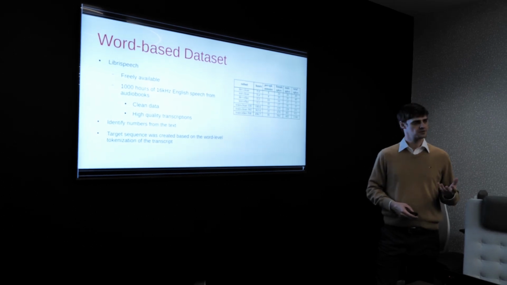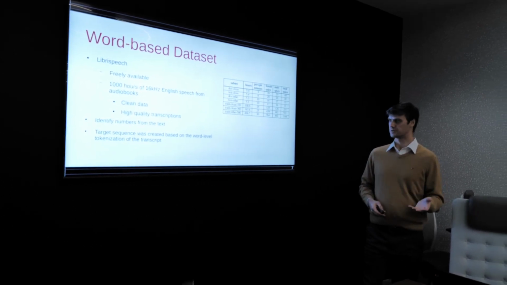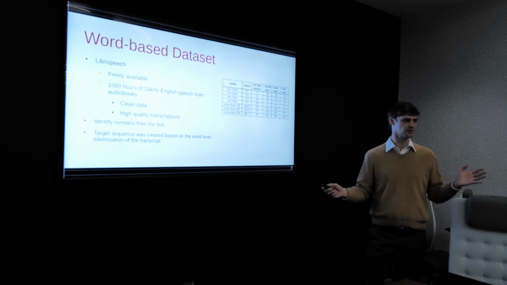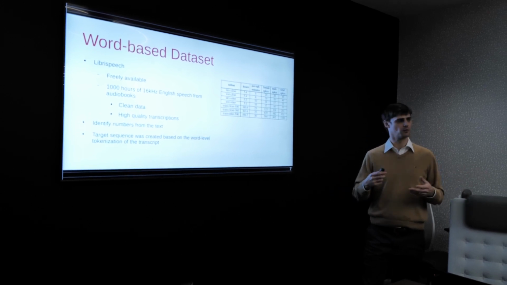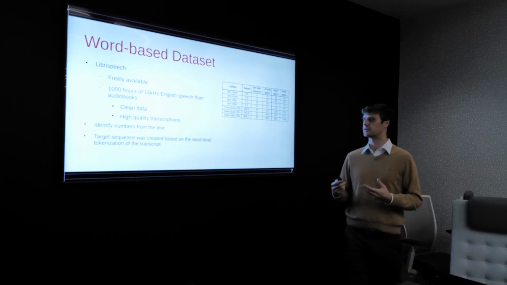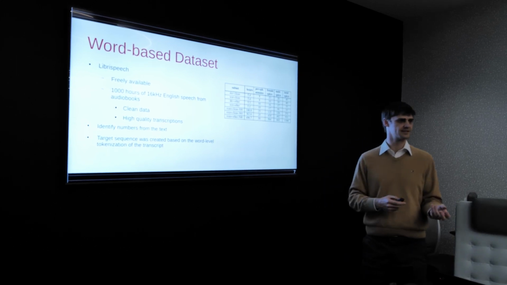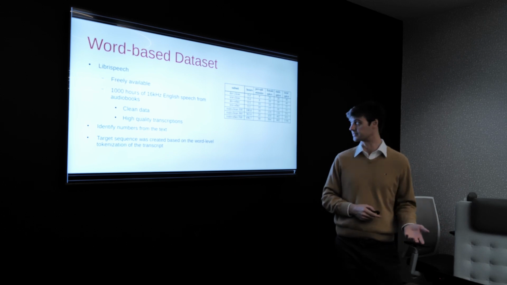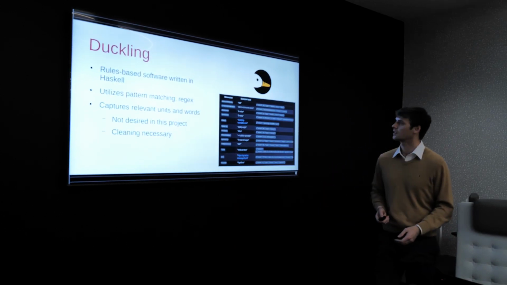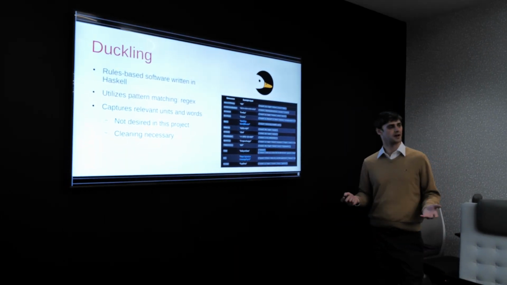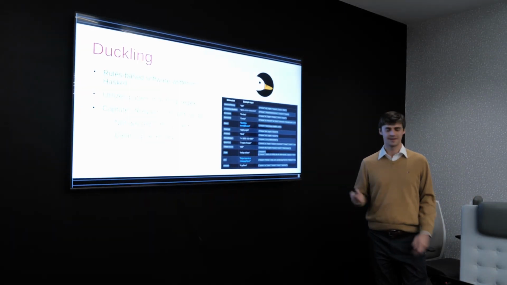So using those transcriptions, I can identify what the numbers are, figure out where they were, and generate a target sequence to extract what needs to be redacted and what's okay to keep. So first, how do we figure out what's a number? I use Duckling.